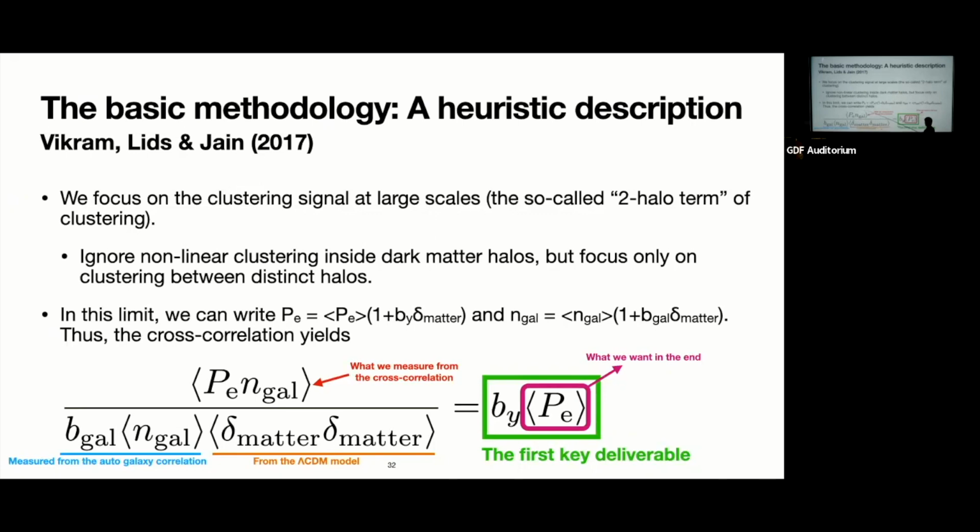And this will give you a pressure-biased mean pressure. It's like we don't measure just the mean pressure. Okay, we measure pressure at the locations of cosmic structure. So this is the density-weighted pressure. Yeah. So that's b times P.